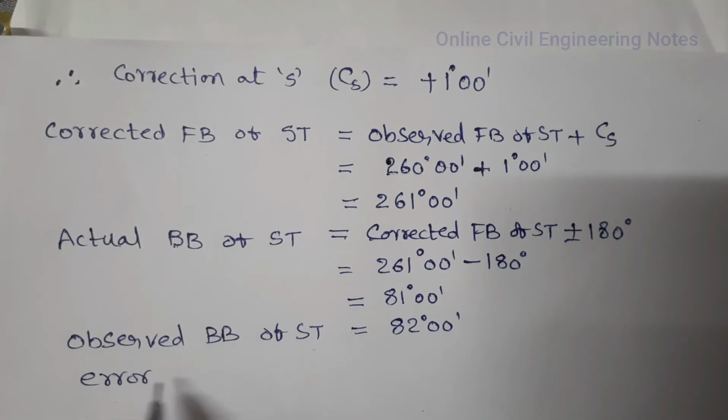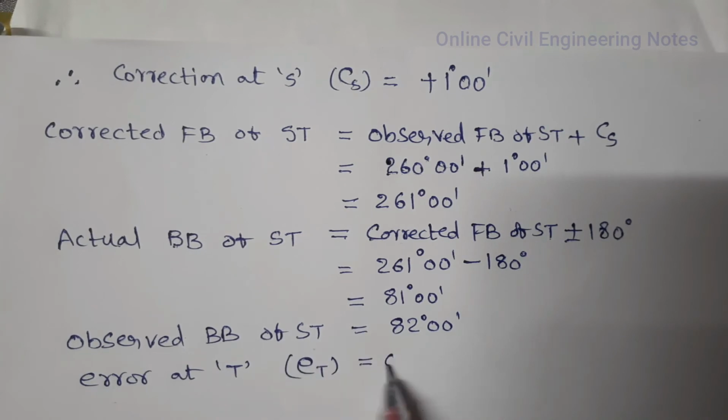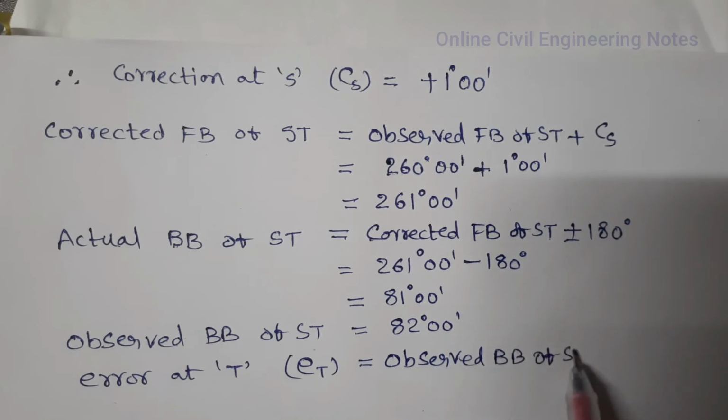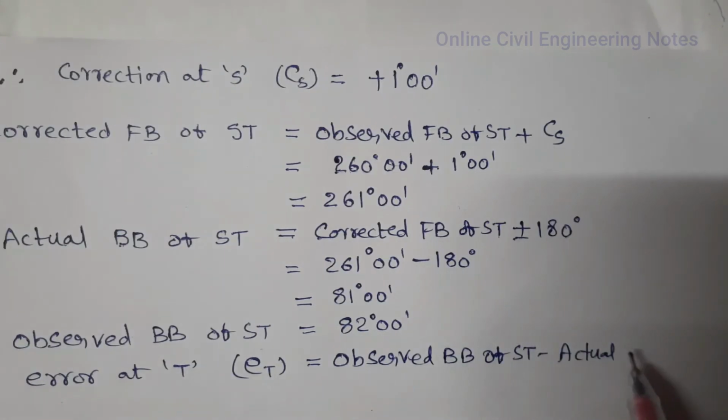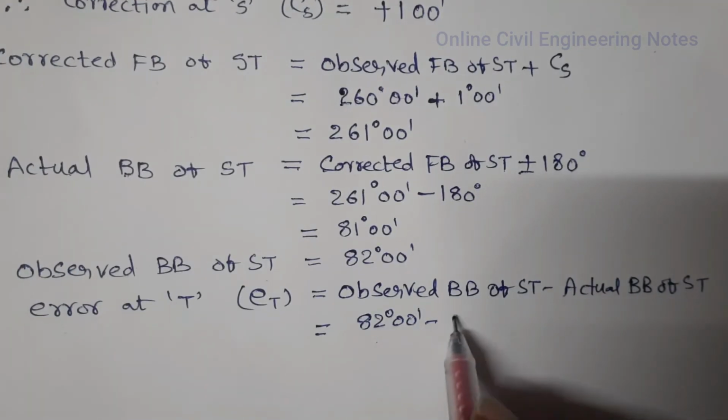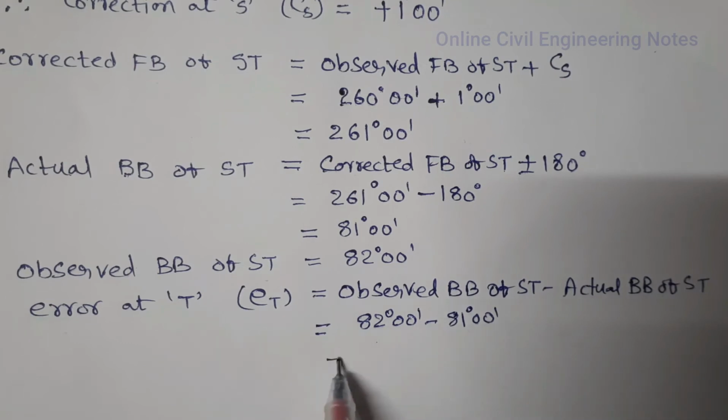Calculate the error at T station, which is equal to observed back bearing of ST minus actual back bearing of ST. Observed back bearing of ST is 82 degrees minus actual back bearing 81 degrees, which is equal to plus 1 degree.